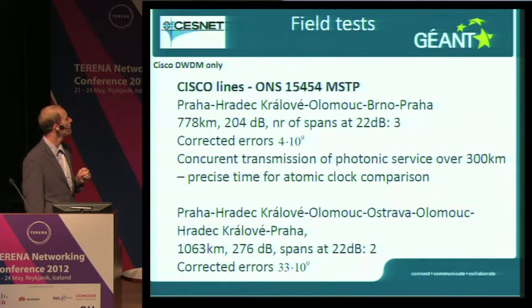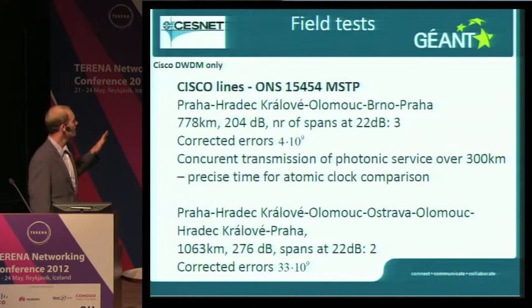In detail, first of all, we made a loop that was 778 kilometers long, and we had the photonic service in operation in the same fiber, just on a different wavelength, over a distance of 300 kilometers. In this case, we got a performance number for the system, with errors corrected by the advanced forward error coding, of 4 times 10 to the 9.